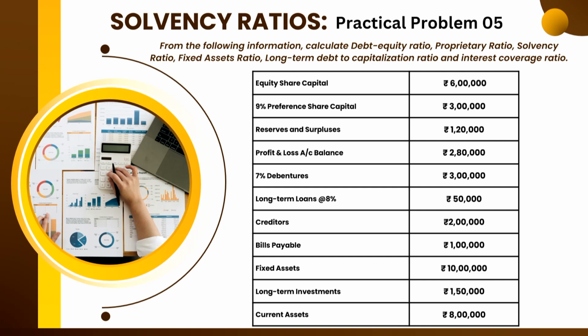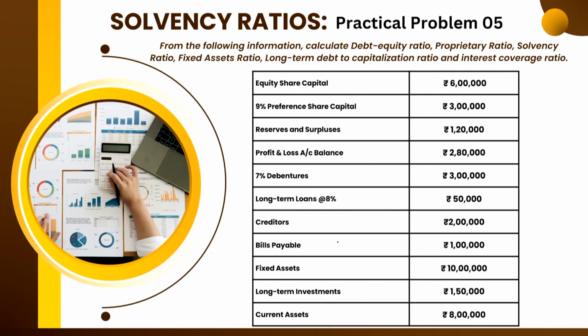solvency ratio, fixed assets ratio, long term debt to capitalization and interest coverage ratio. I mean, we have to compute almost all the ratios that we have already discussed in the last lecture of solvency ratios. So starting with, first we compute in this question the amount of debt.